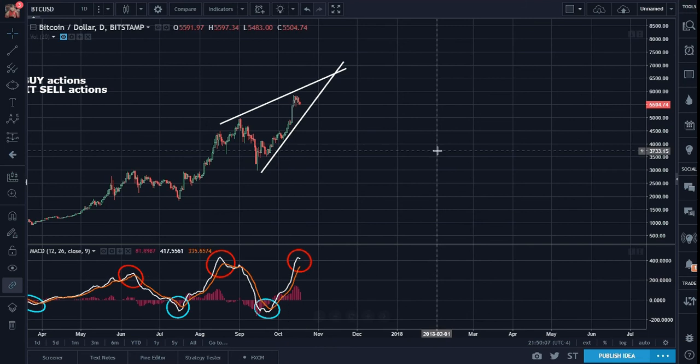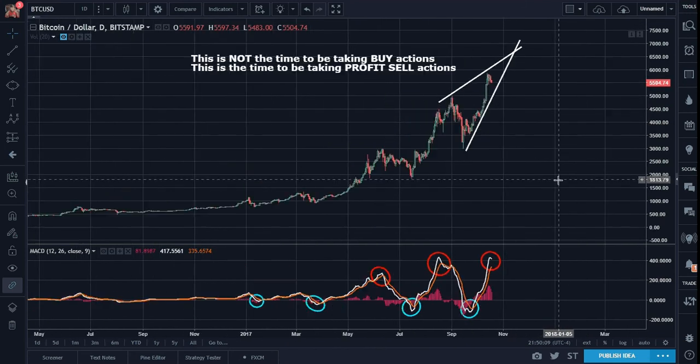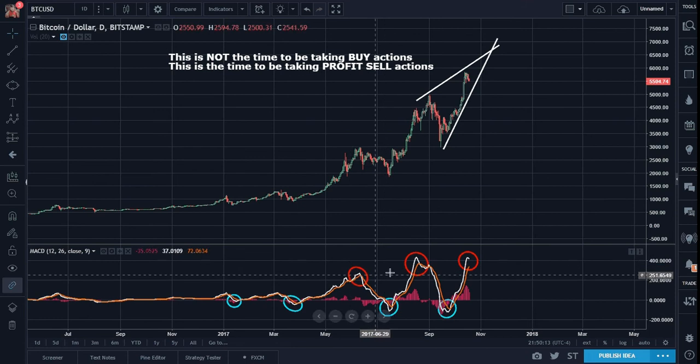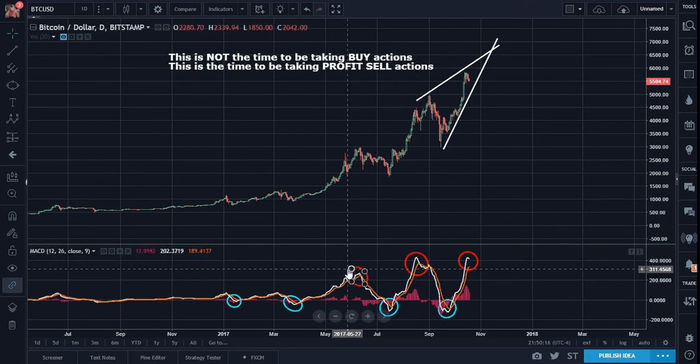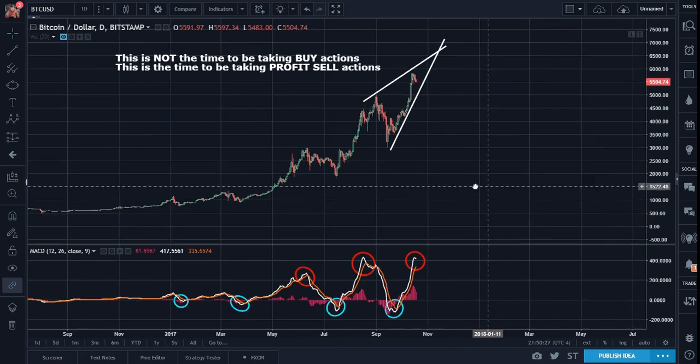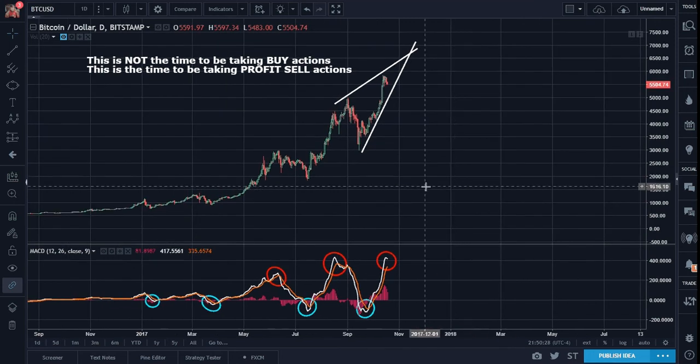But look, as I said before, here the red circles represented past ideal sell action times, and I don't see too much of a difference here already from there. I see a lot more similarity.